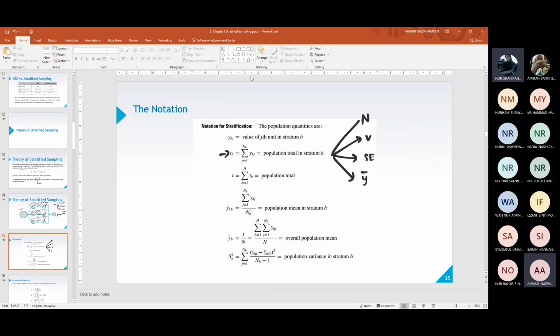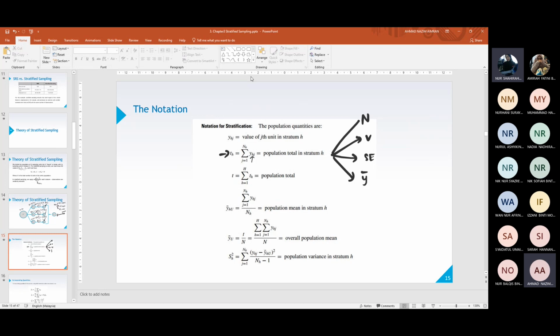Then you can calculate the population total. You can use this formula to calculate the population total in each stratum, where YHJ is the value of elements in stratum H. Let's say we have 4 strata: northeast, north central, south, and west. So you can calculate the population total in each individual stratum.